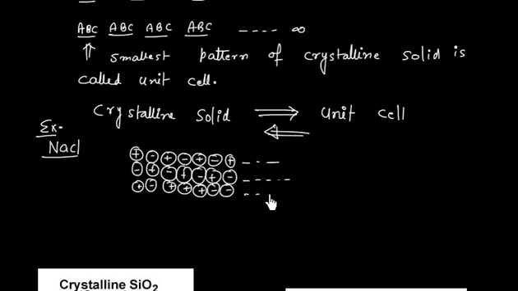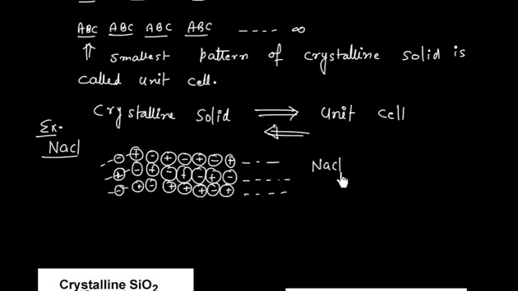Now this pattern is not only two-dimensional, the pattern also repeats in three dimensions. So here I have a positive, then I will have a negative, here I have a negative, then I will have a positive. So this is Na plus, then we will have next Cl minus. Similarly this side. So this pattern repeats in three dimensions.